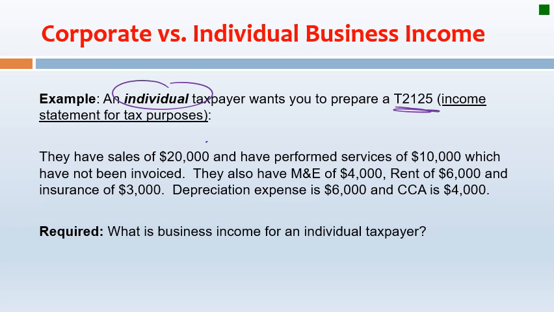They've performed services of $10,000, which they haven't invoiced. They also have meals and entertainment expenses of $4,000. They have rent of $6,000 and insurance of $3,000. Depreciation expense is $6,000. CCA is $4,000. So how would you calculate the business income for an individual taxpayer using a T2125? We'll go through it on the next slide.